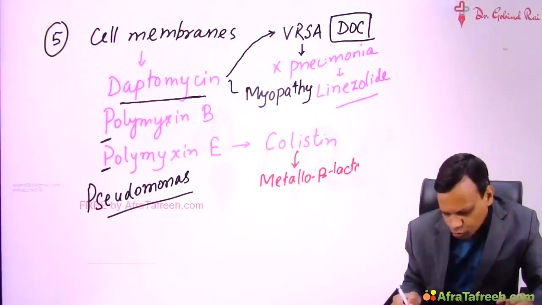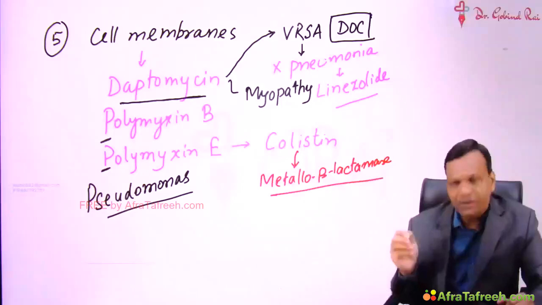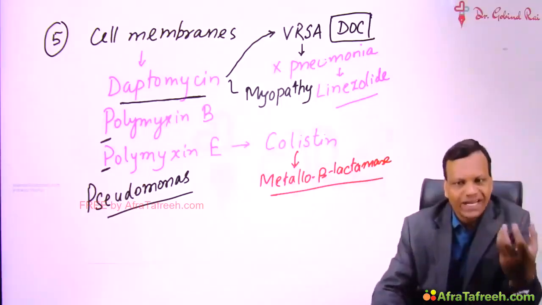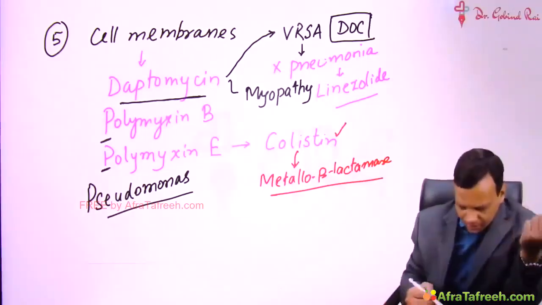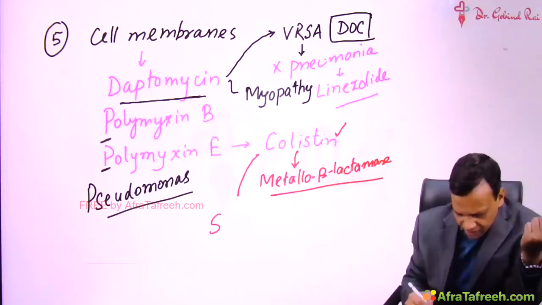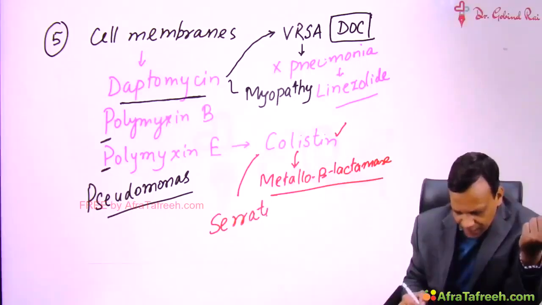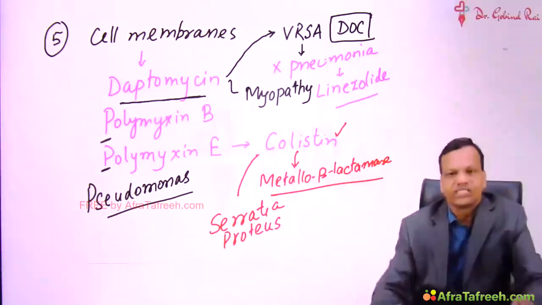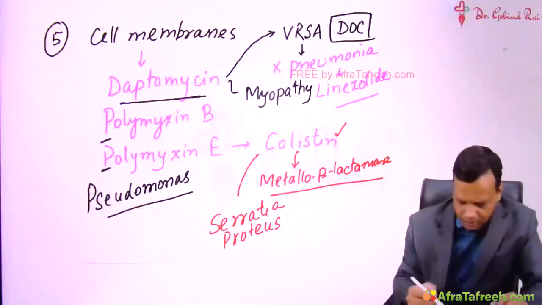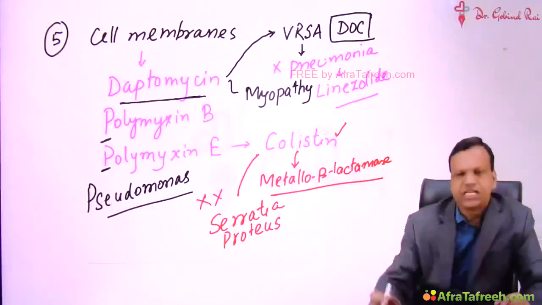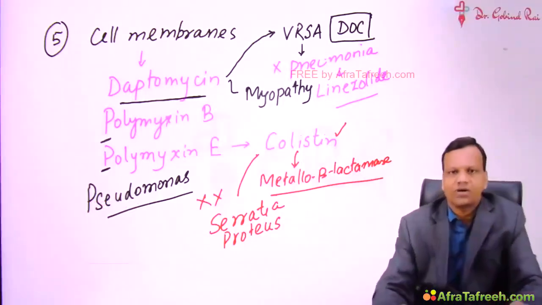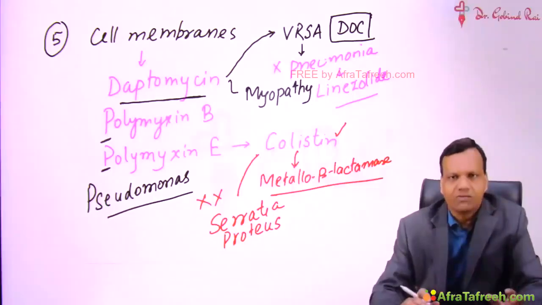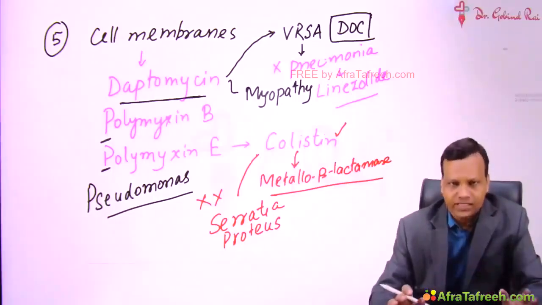Remember we discussed the superbug, the bacteria producing New Delhi metallo-beta-lactamase. Colistin is effective against those bacteria also, but colistin is not effective against Serratia and Proteus. So most gram-negative bacteria colistin can kill, but it is not effective against Serratia and Proteus. Clear? So these are the important points about the different mechanisms of antimicrobial drugs.